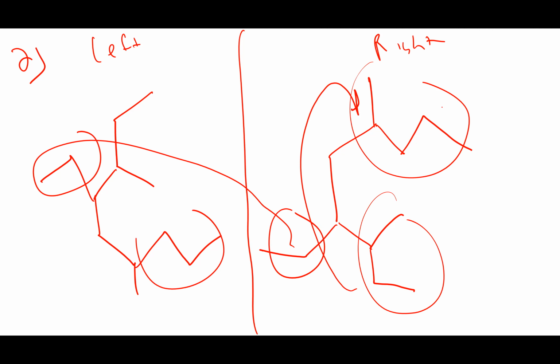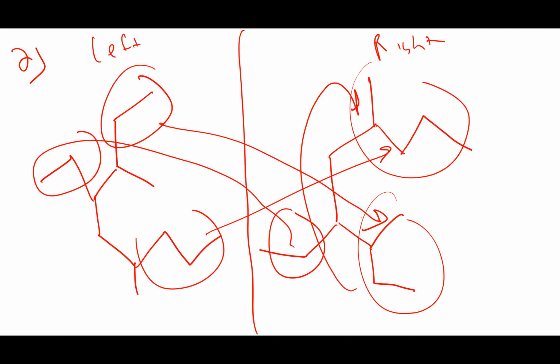This stuff will be this stuff right there. And this stuff will be this stuff right here. So it's the same compound. You have to kind of visualize this in your mind, and you got to flip it. So flip the right one, and you'll see that it becomes the same structure.